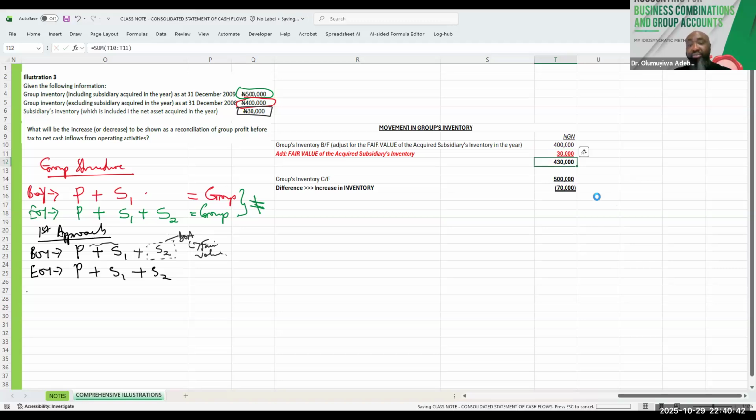Because you are not comparing them on the same scale. This 500 is made up of P, S1, and S2, whereas this 400 is made up of P and S1. Assuming this inventory has not been sold at the end of the year, this 430 and this 30 are already in the 500.